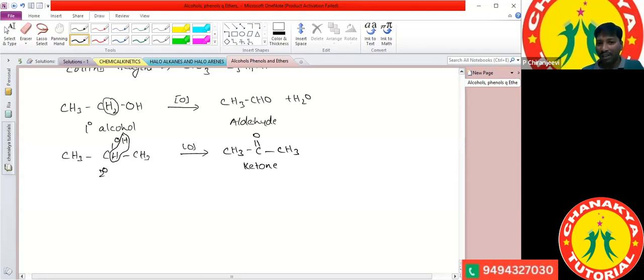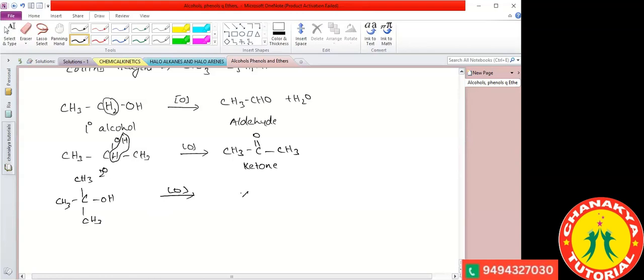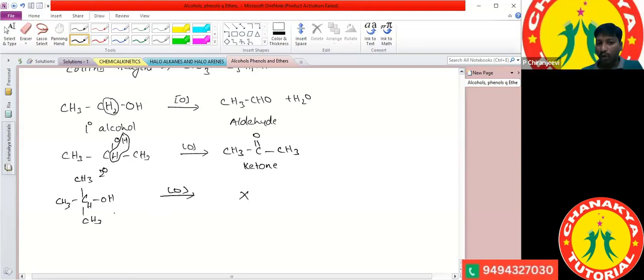So now you have the clarity. Then what about the tertiary alcohol? Does a tertiary alcohol undergo the oxidation reaction with partial oxidizing agents? No, because there is no hydrogen at the tertiary carbon atom.